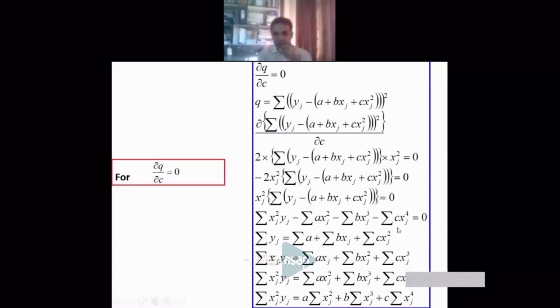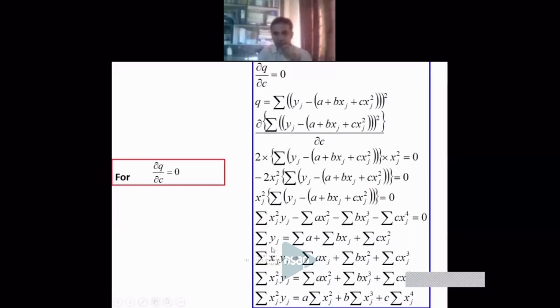The third equation we just simplify again: sigma xj squared yj equals a into sigma xj squared plus b into sigma xj cubed plus c into sigma xj raised to 4. You can take out the constants outside. So the equations are reframed, with a, b, and c taken out.